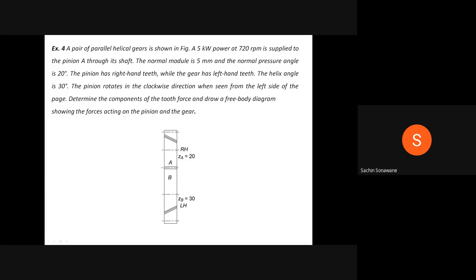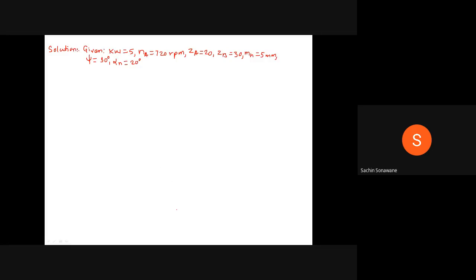Therefore, number of teeth on pinion ZA is equal to 20. Number of teeth on gear ZB is equal to 30. Pinion is right handed and gear is left handed. Therefore, we'll solve the problem now.